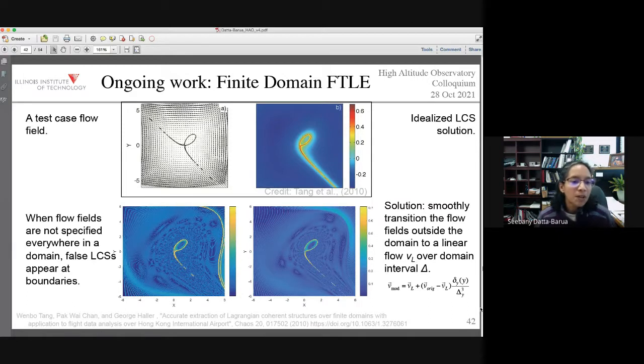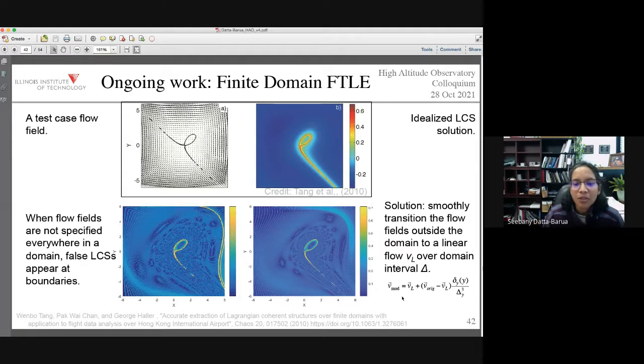And so for part of that, we've been trying to develop this finite domain FTLE calculation. Essentially what happens is if you only have a finite domain over which your velocity is specified, if particles go out of that zone, out of your domain, then you don't know where they go next, you don't know how to integrate them, and you get very strange Lagrangian coherent structure artifacts that are not actually part of the flow.